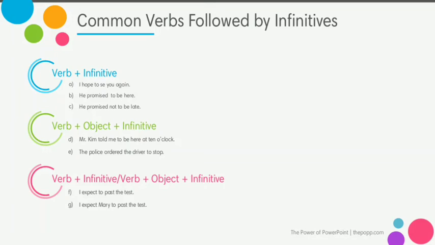But in example I, I think Mary will pass the test. Here are common verbs followed by infinitives or by objects and then infinitives: ask to or ask someone to, expect to or expect someone to, need to or need someone to, want to or want someone to, and would like to or would like someone to.